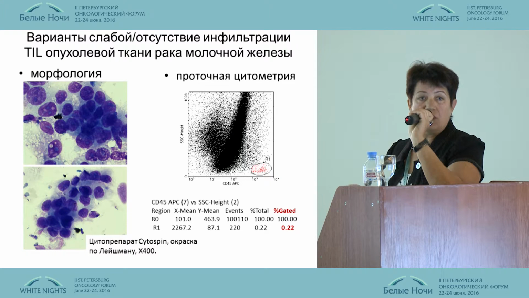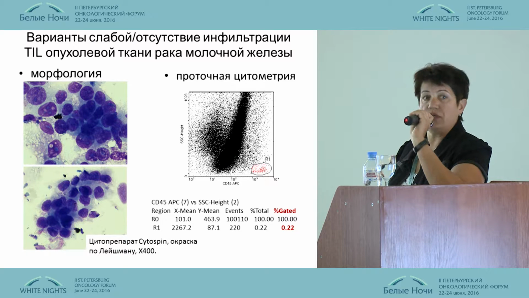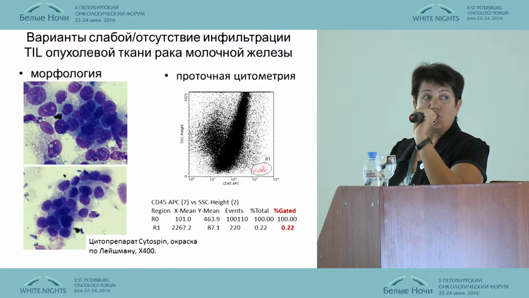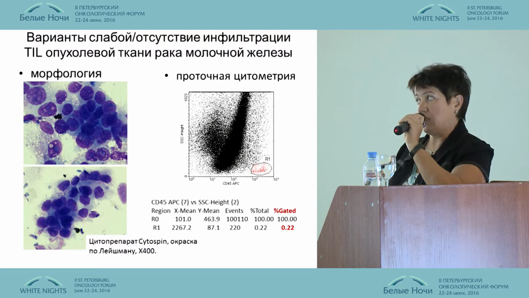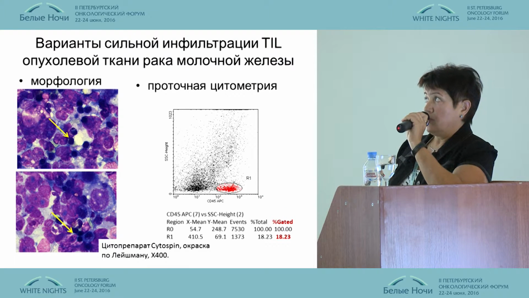As you know, we usually can accumulate multiple events so as to assess the phenotype and the structure of cells, because not only infiltration is important, but also the phenotype of cells that are responsible for immune response.